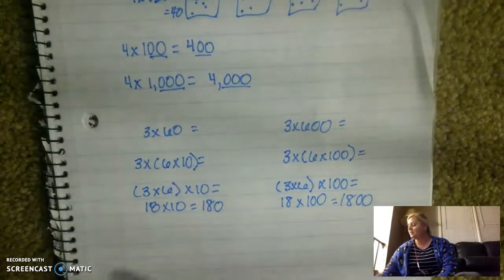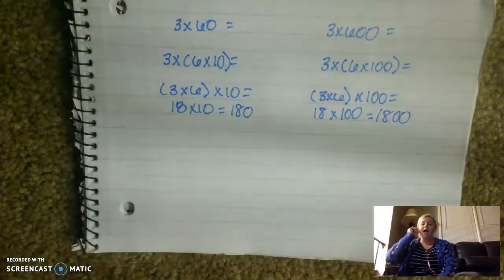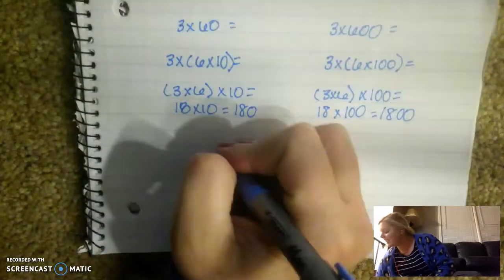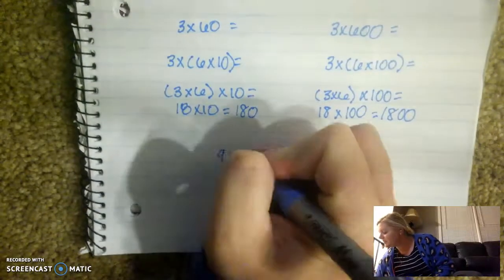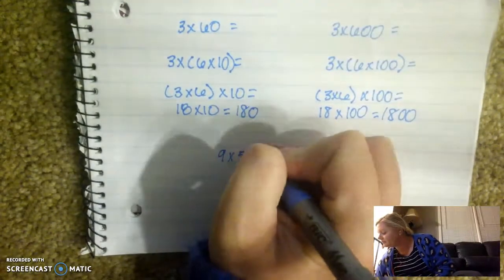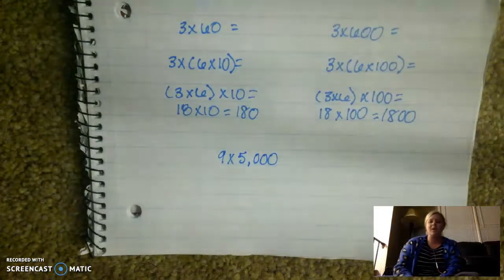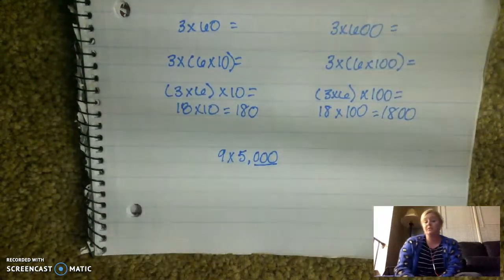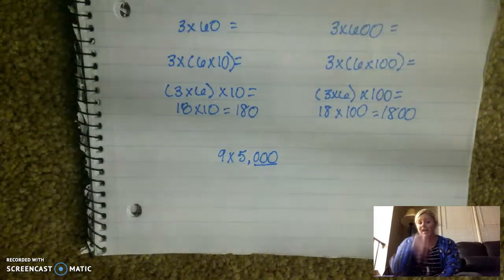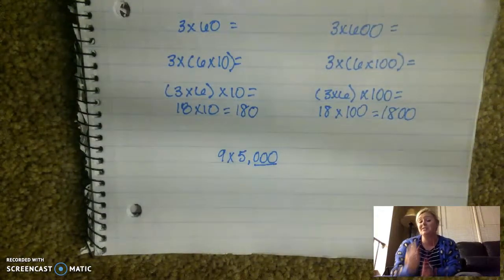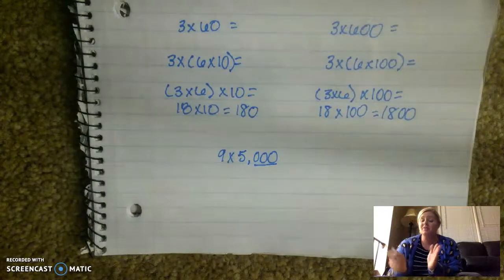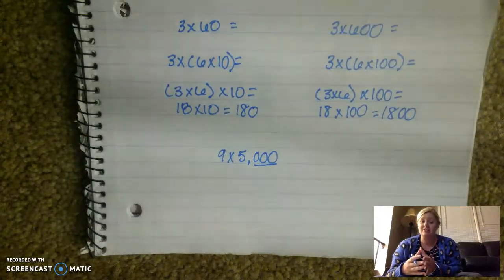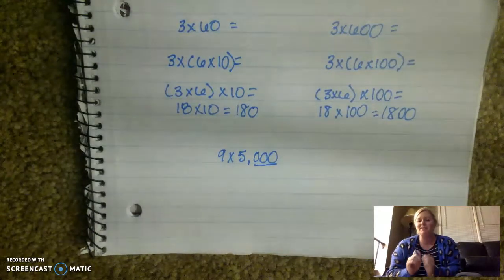So I'm going to start with another problem. I'm going to start with 9 times 5,000. Now I've already said what about the number of zeros. I'm going to have that many zeros in my product. Remember, your product is going to be your answer. So I'm going to look at my base problem first.